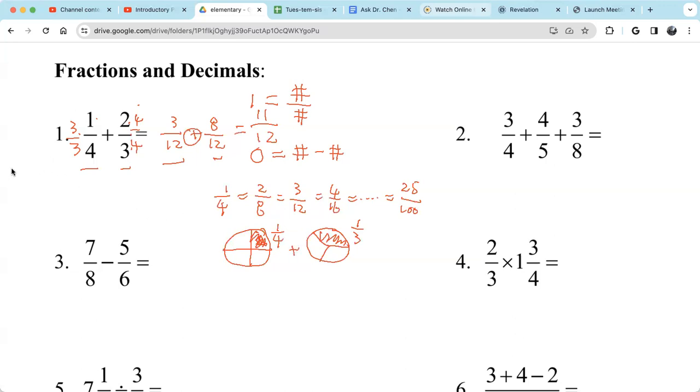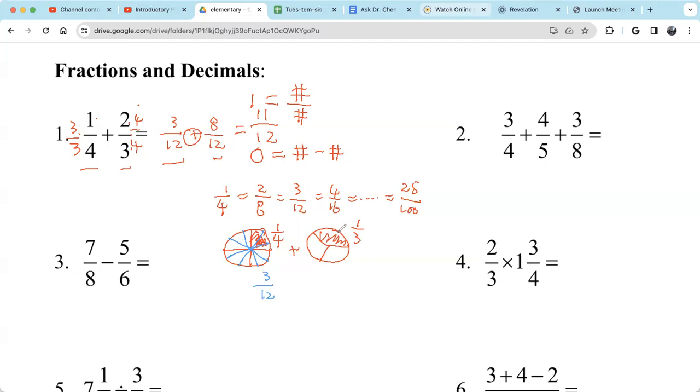I need to make them the same slices. I need to slice them the same way. So I need to slice this again into 3 more equal parts. I slice each one into 1, 2, 3, and so on. Now I have 12 slices, and these are 3 out of 12 slices now.